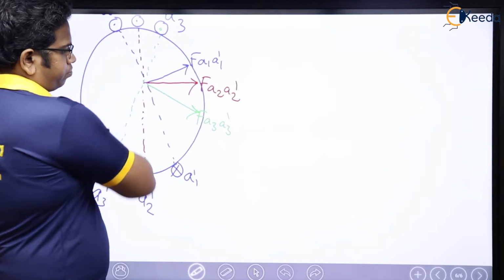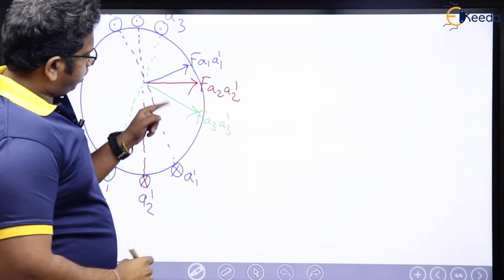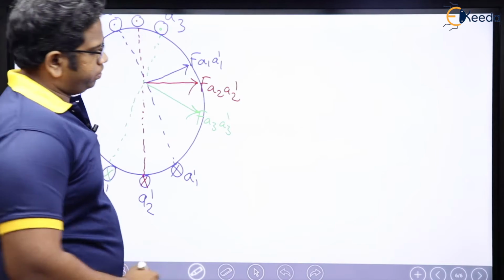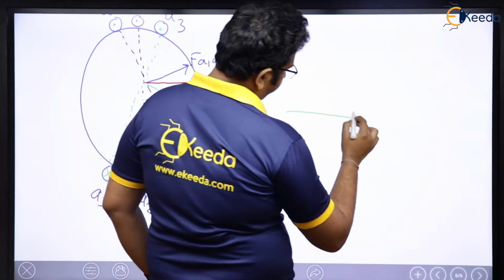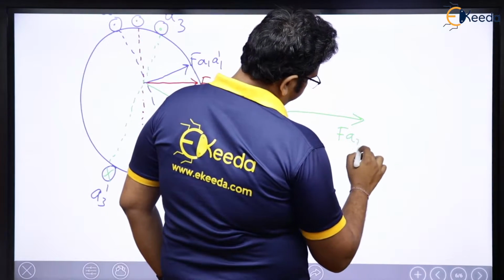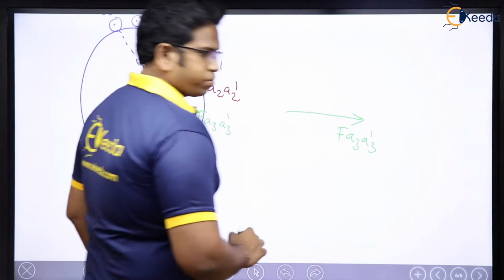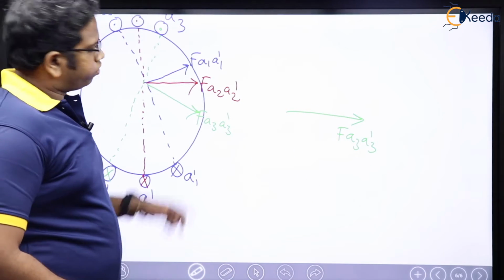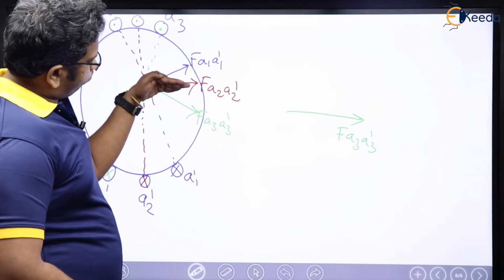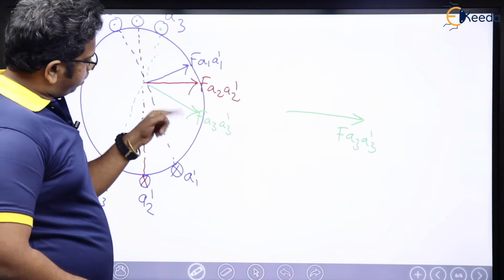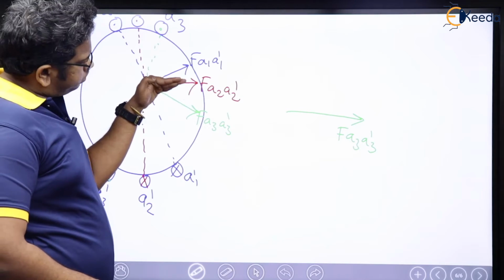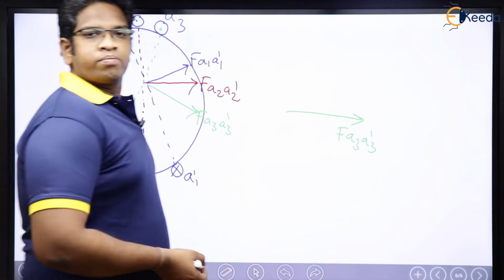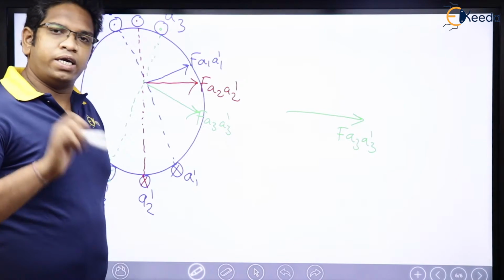Now let me represent this one as horizontal. So this one will move up, this one will move up, which means let me consider F A3 A3 dash here like this, right? So now what is going to happen? F A2 A2 dash is going to move again further. Whatever angle this was like this, let me just consider this way, no problem, because phasors are always rotating in anti-clockwise direction.